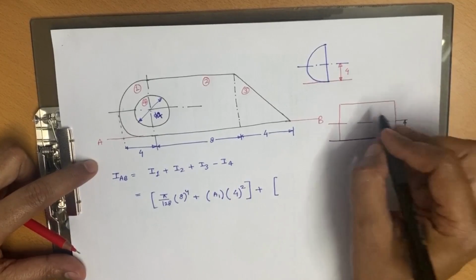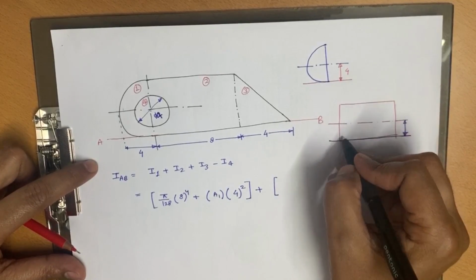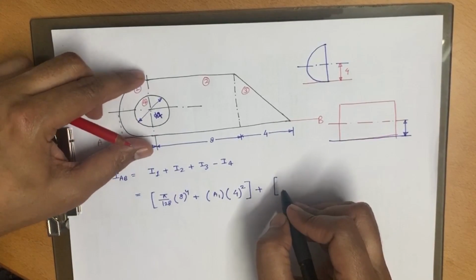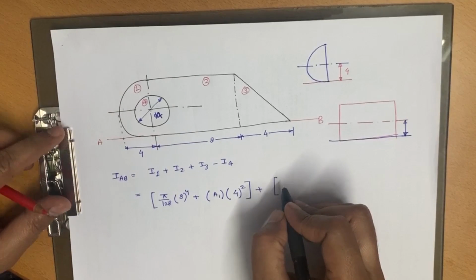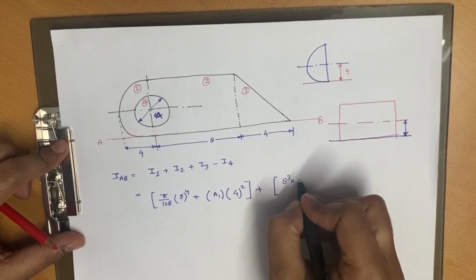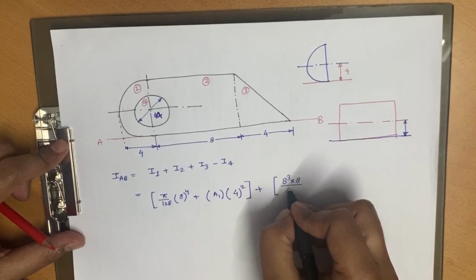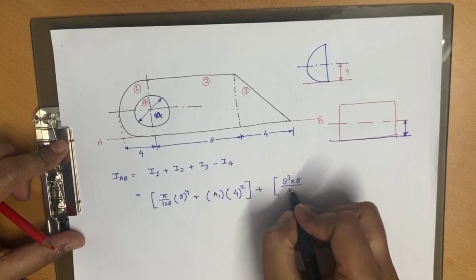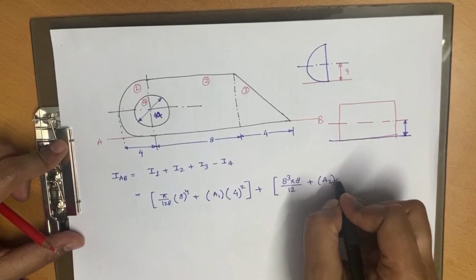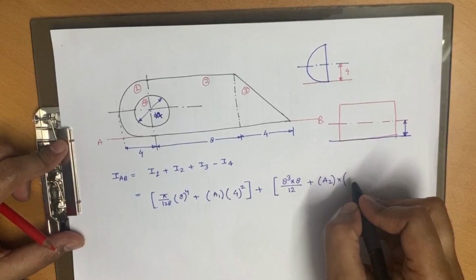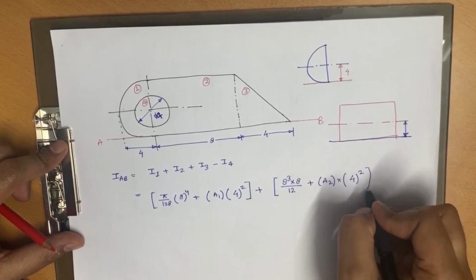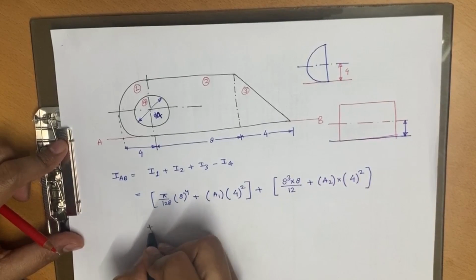This red line is cutting this vertical line. So the length is how much? 8. So 8 whole cube multiplied by 8 upon 12 plus area multiplied by 4 whole square.